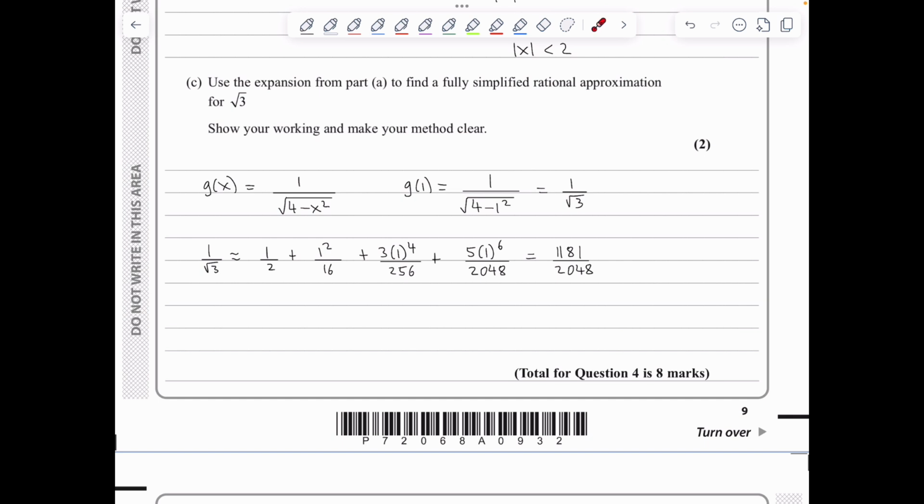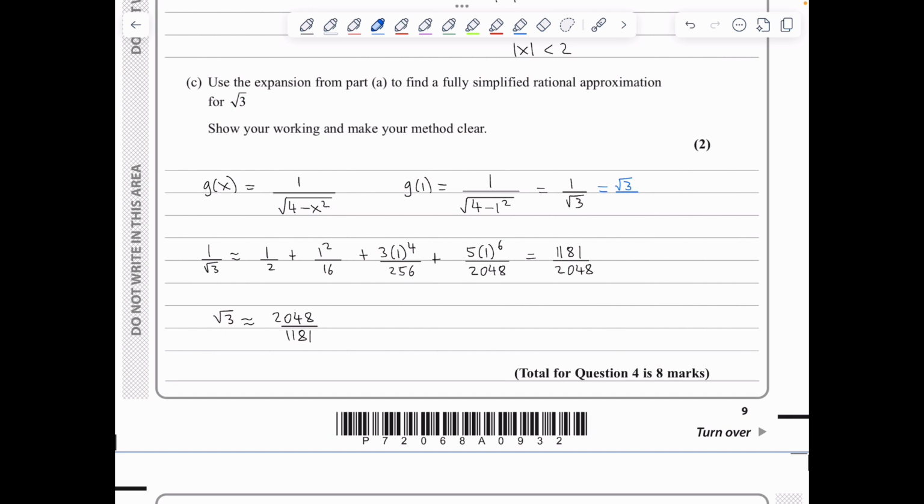So this is an estimation for 1 over root 3. So if I take the reciprocal of both sides, I conclude that root 3 is approximately 2048 over 1181.